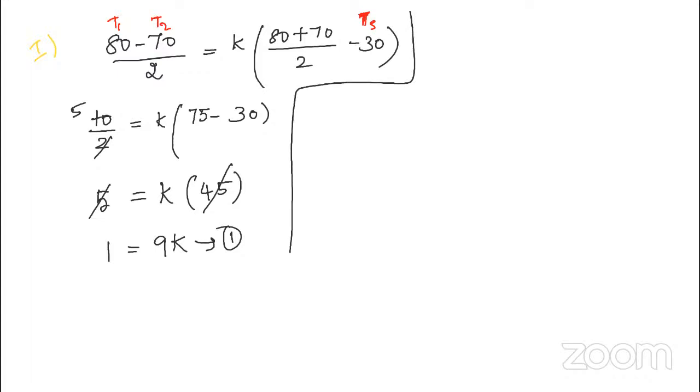Next, we apply the second case for T1 and T2. Substituting, (60 minus 50) divided by t is equal to K into ((60 plus 50) by 2 minus 30).